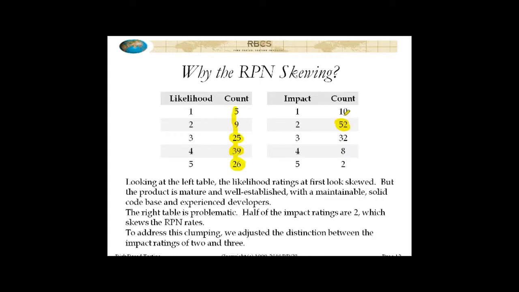But the bigger issue is, if that were the case, you'd expect that you see the kind of distribution that we see over on the likelihood side. But certainly you don't want all 50% of the risk items to have the same impact rating. That's a clumping issue where you have a problem with distinguishing between the impact ratings, in this case of 2 and 3. So we fixed that.